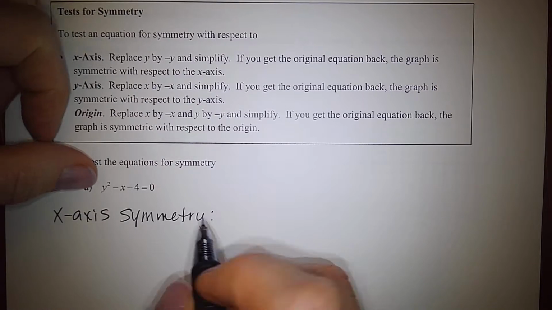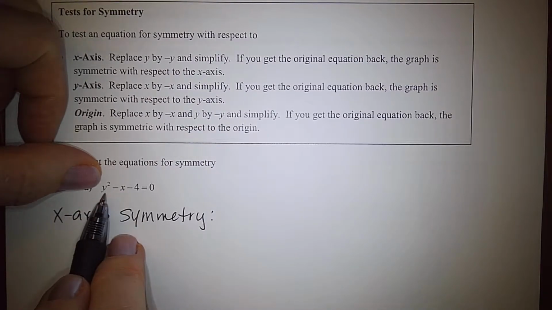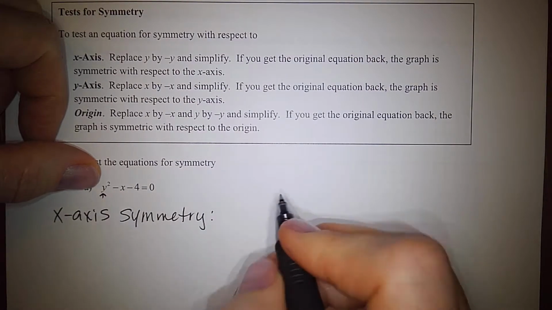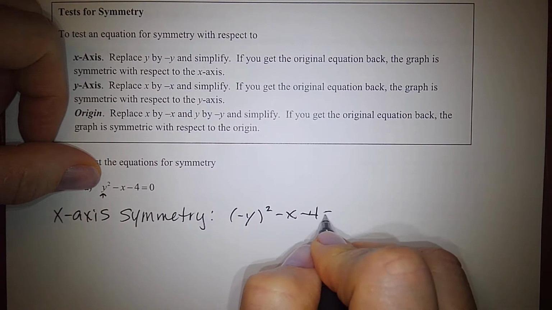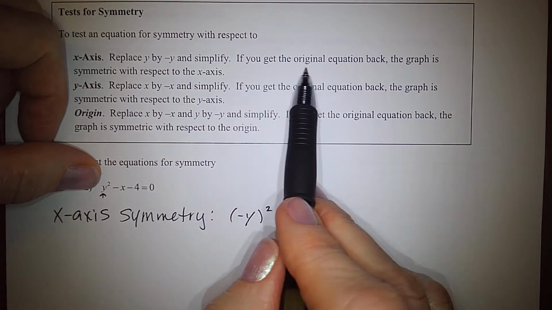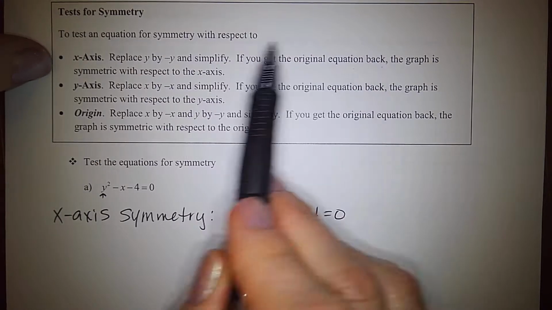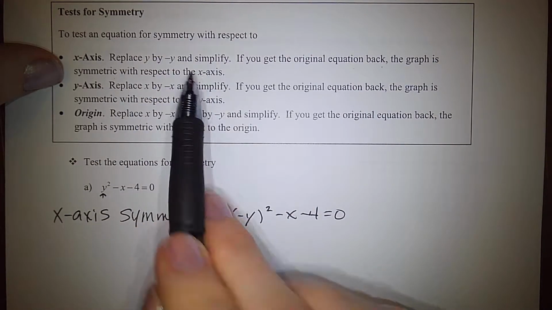So let's start with that. If we take this equation and we substitute this y and we put negative y in its spot, if we get the original equation back, then the graph is symmetric to the x-axis.